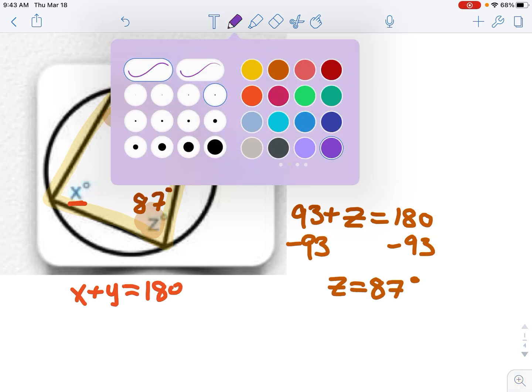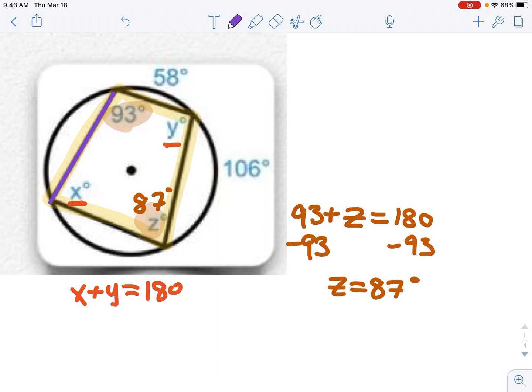However, if I focus on this right here, angle X is an inscribed angle. The intercepted arc is these added together. This whole arc right here is 164 degrees.